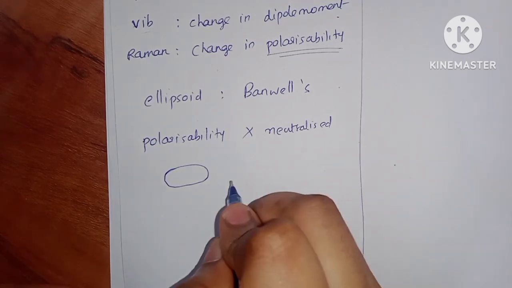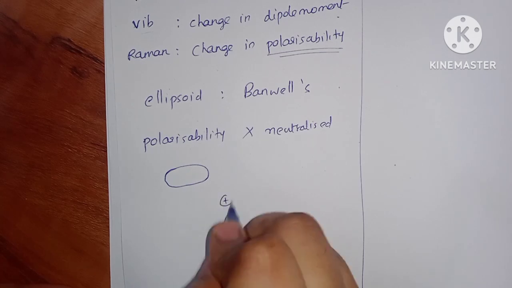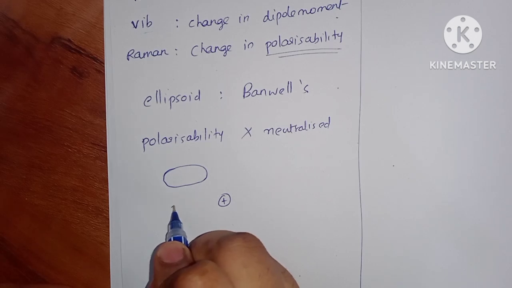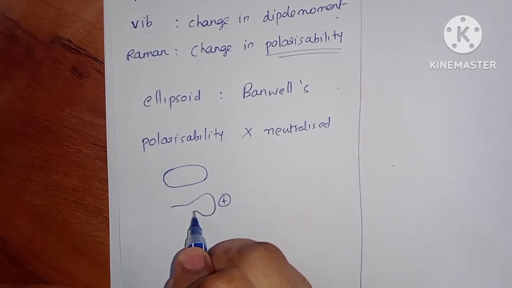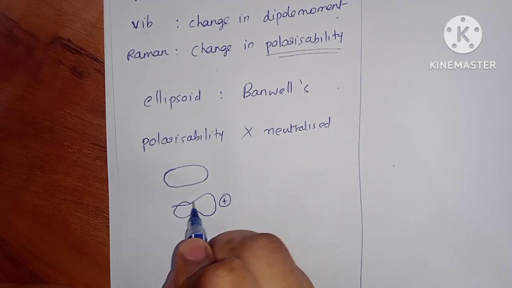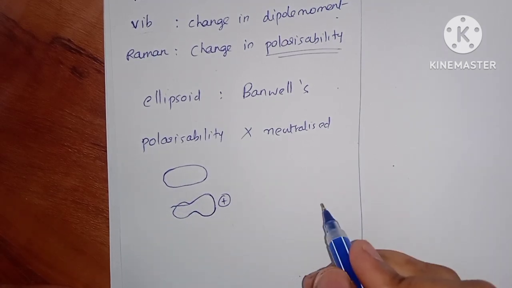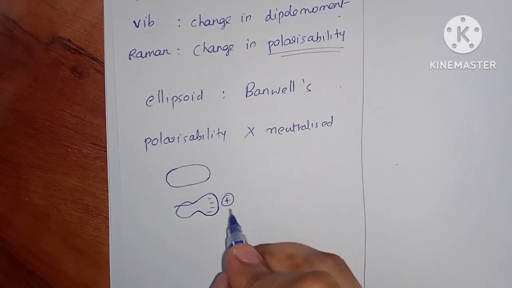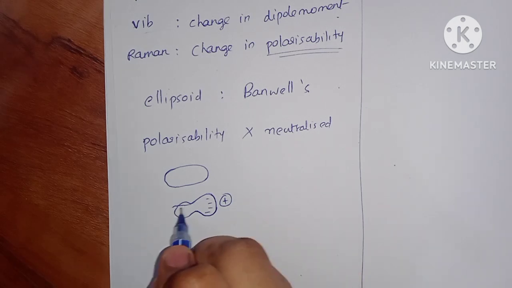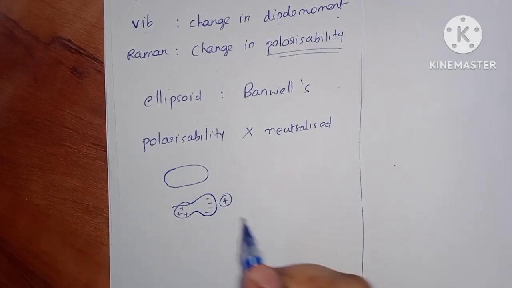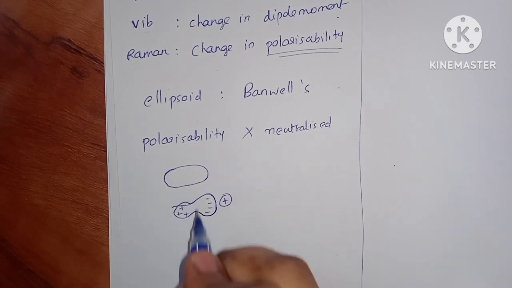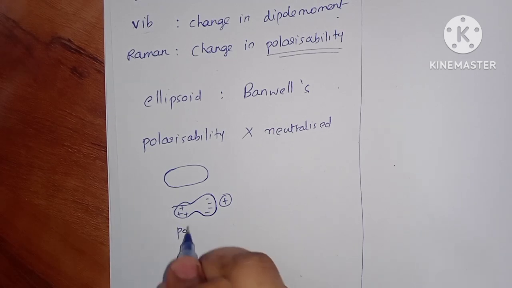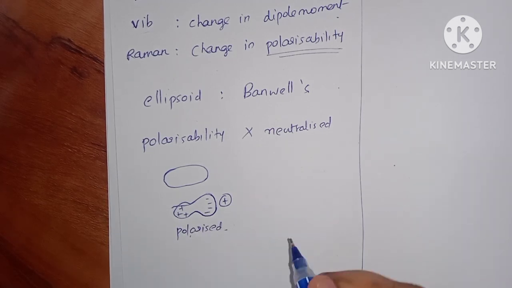But when a positive electric field is held near this molecule, what will happen? The negative electron cloud may come near the positive electric field, and we can see some distortion in the electron density, just like this. So negative charge comes near the positive electric field and positive charge goes away from it. Now this molecule, which was earlier in a neutralized form, is said to be polarized. So this is the concept of polarization.